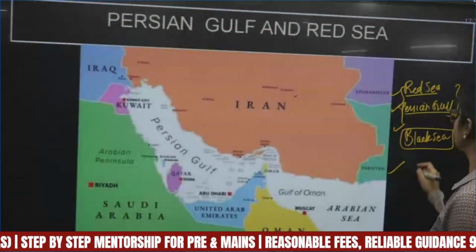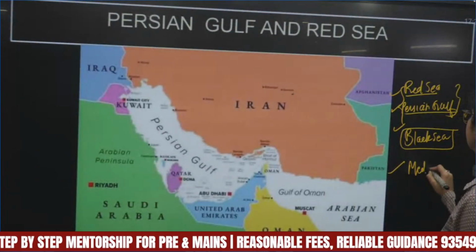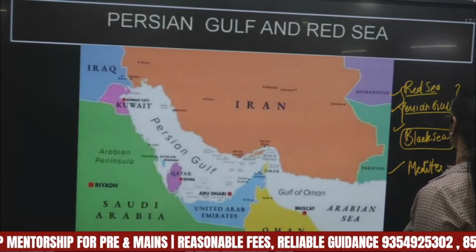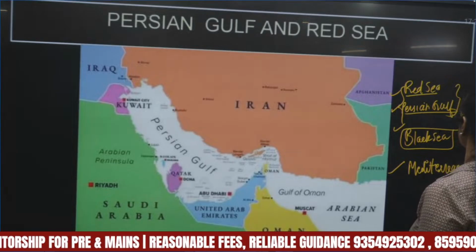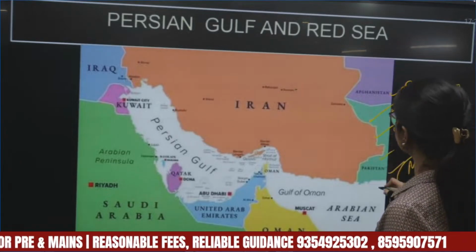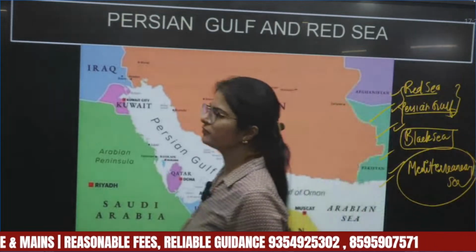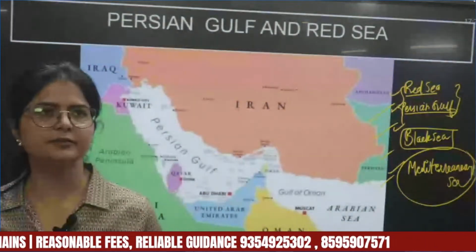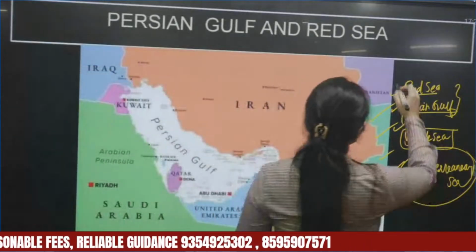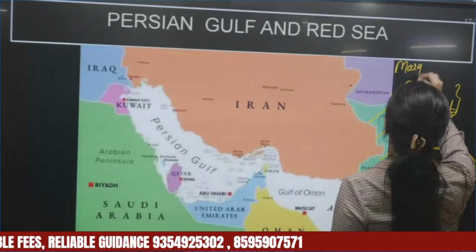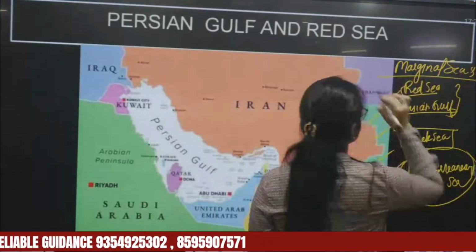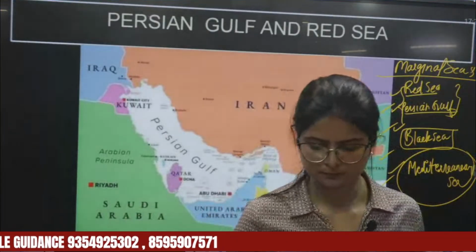What is the reason for the Mediterranean Sea again having a high value? That is what you have to do. All the seas you will take and try to understand why the values are more or less. These are the marginal seas. You will categorize them under the marginal seas and why it differs.